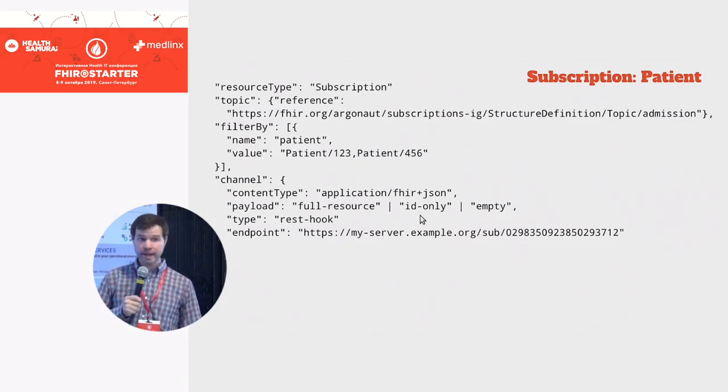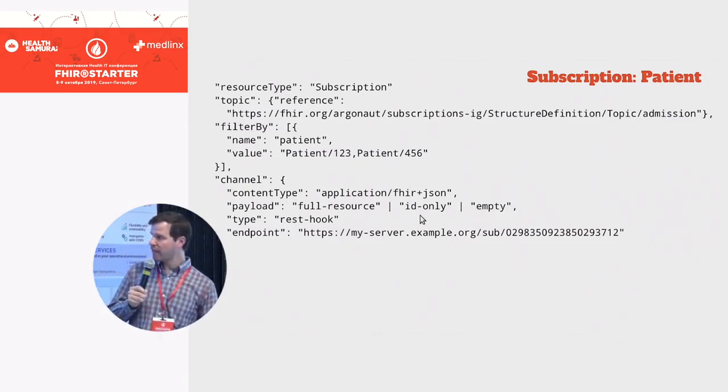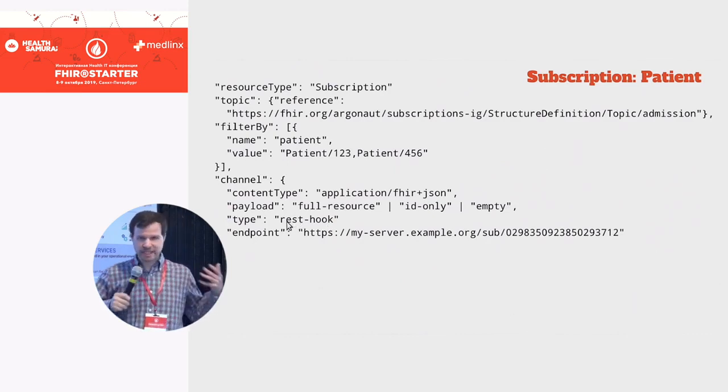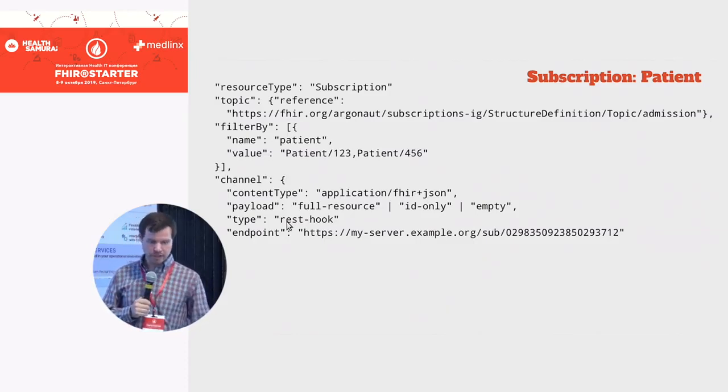One kind of feedback that we got was that having a limited set of these channel types was preventing people from extending these channels. Different people wanted to add new kinds of channels, and they had no way to do it. Одна из проблем была то, что был очень ограниченный список этих каналов, и у людей не было возможности расширять этот список каналов.